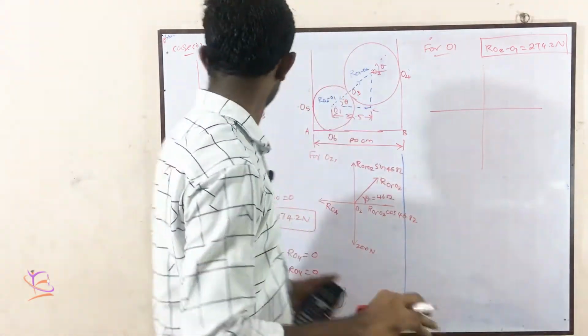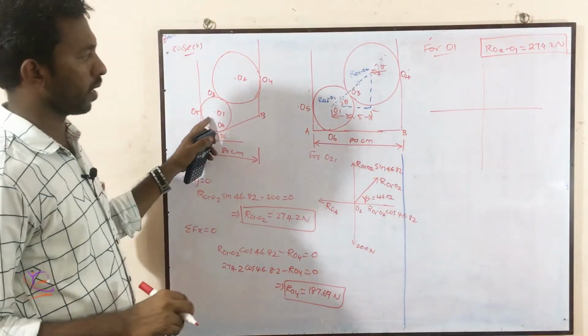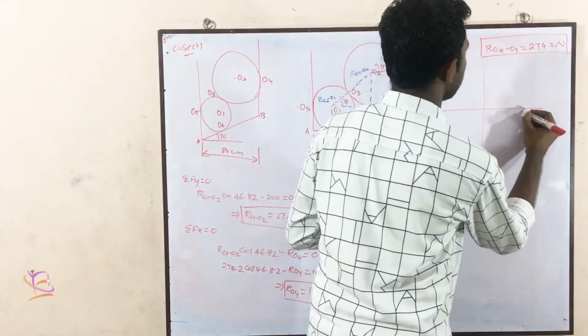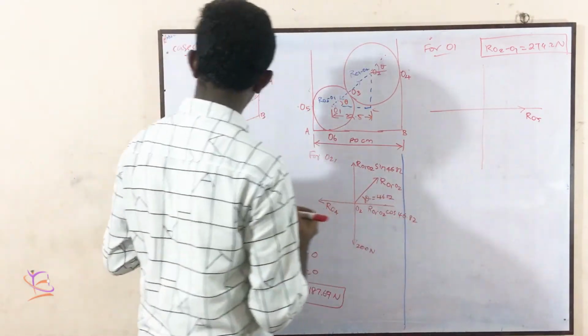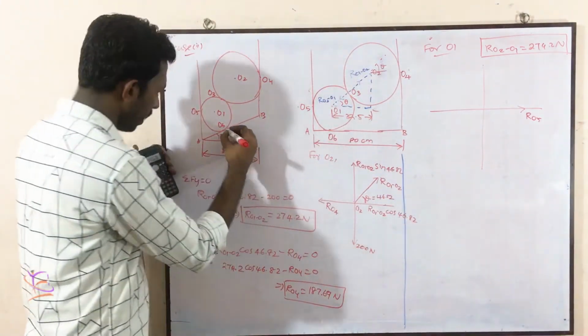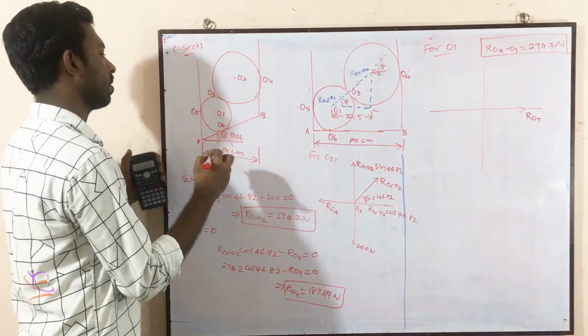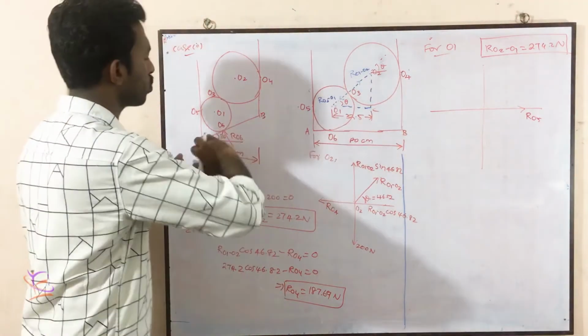Now I am drawing this for this O1. Okay, this is a new diagram. We can go with this. O5, no problem. This will be RO5 or O6. So here the reaction force will be applied, RO6. We know that the reaction force is always 90 degrees to the base.